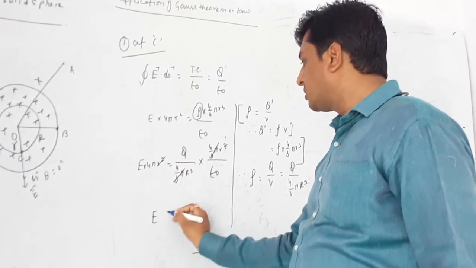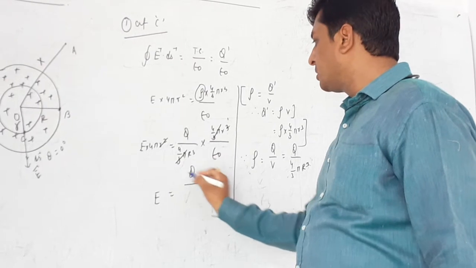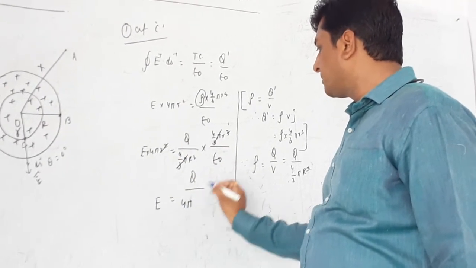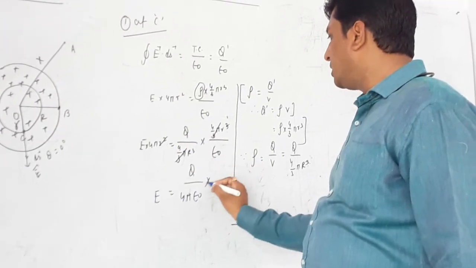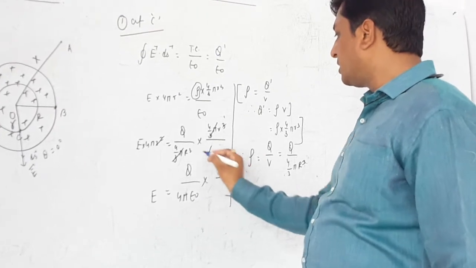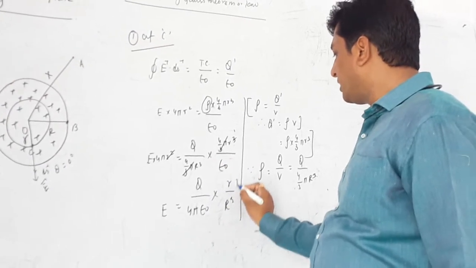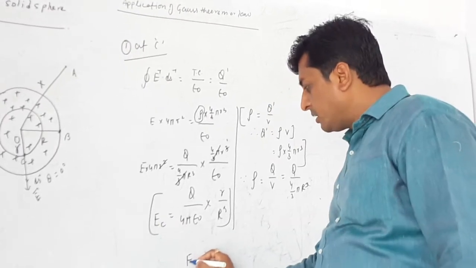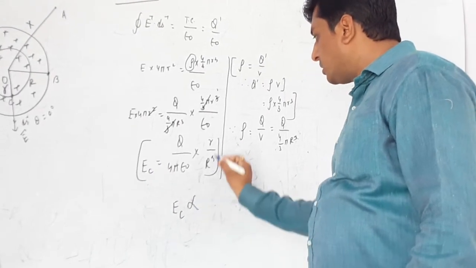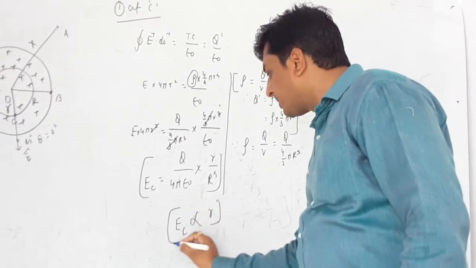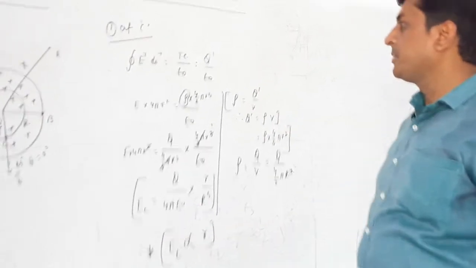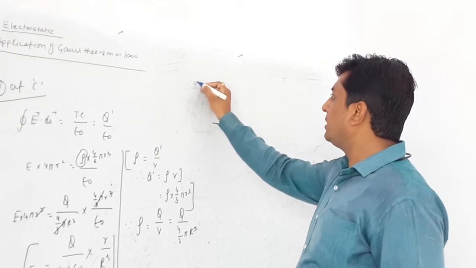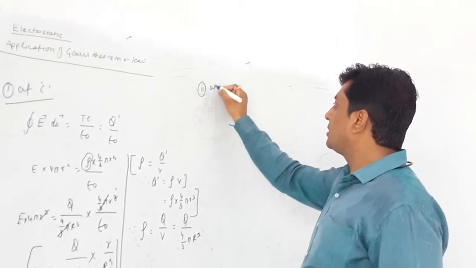Now E will be what? Q upon 4 pi epsilon naught, into r on one side and R cube on the other. What you will find? This is at C. You will find that intensity at C is proportional to r. This is inside.